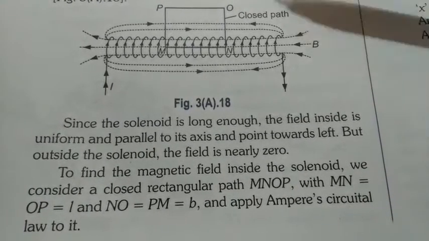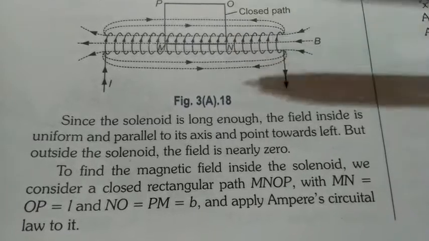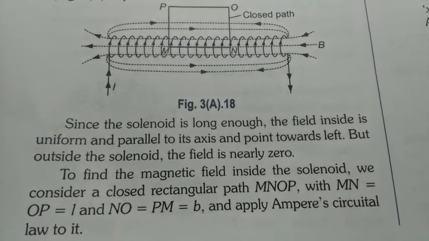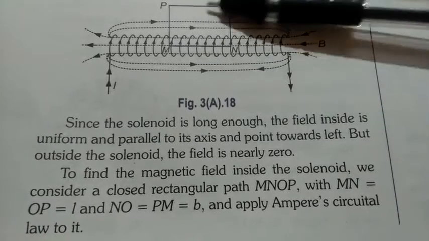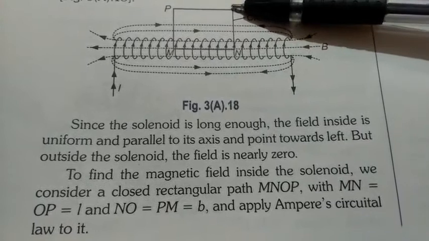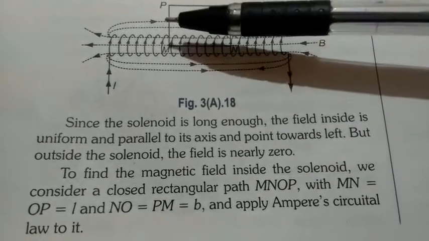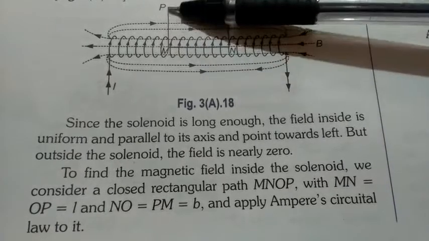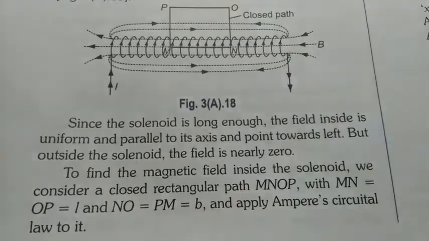That's why we have taken the closed path here. Okay. Now we will apply Ampere's circuital law here. Before that, we will see that the length of MN and OP is equal to L, and NO and PM is equal to b. Okay.